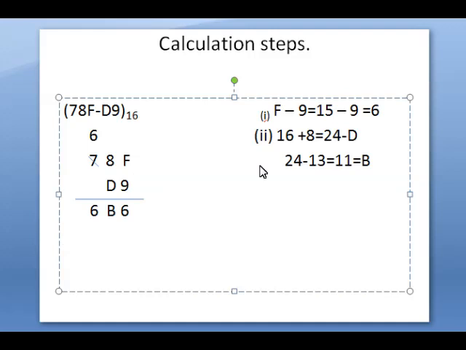So the first step is F minus 9. What is F? F means the number is 15. 15 minus 9 equal to 6. The next number is 8.